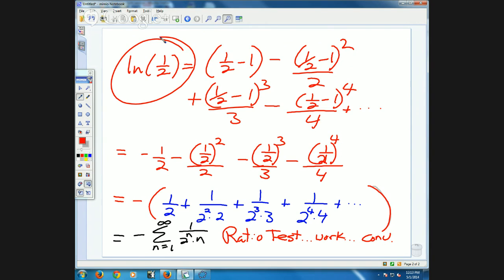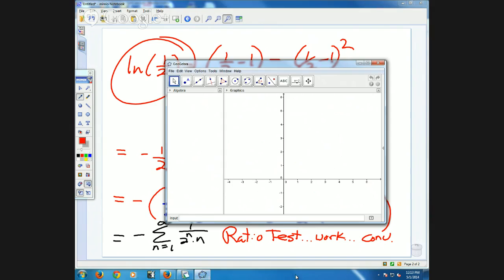I'm excited about it. All right, so I'm going to use GeoGebra to test this out. In GeoGebra, I'm going to go negative, and I'm going to add up a bunch of terms. So let's see. I want to do a sum sequence.